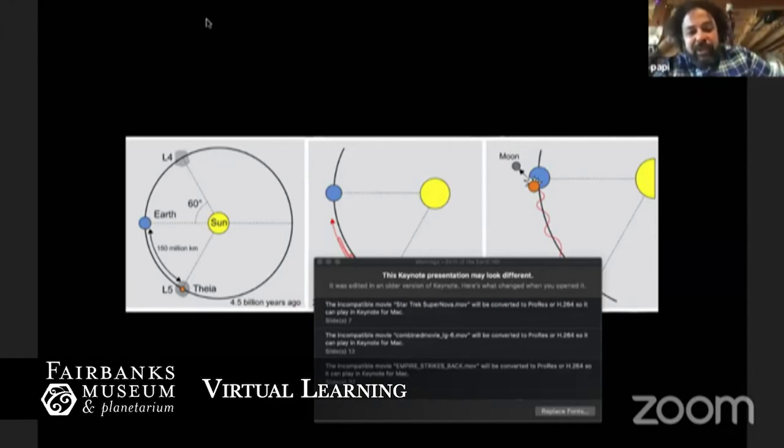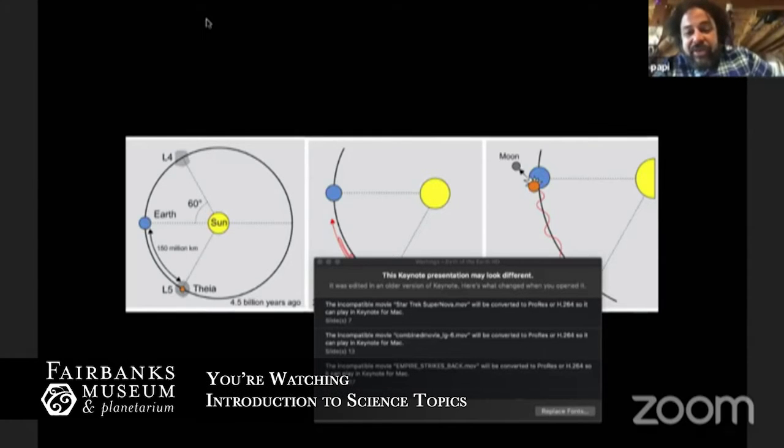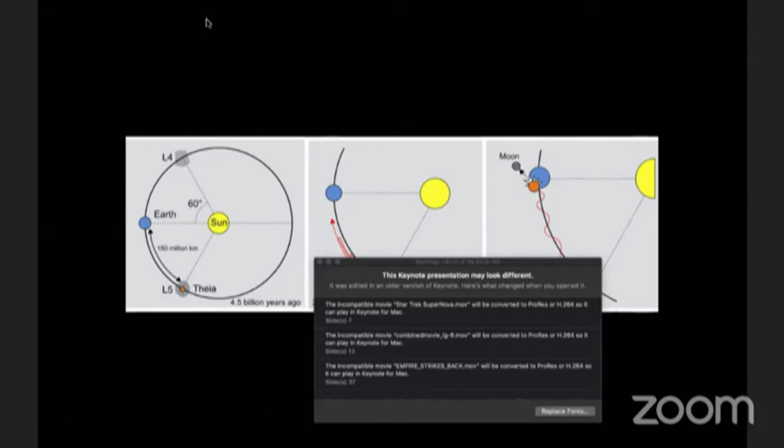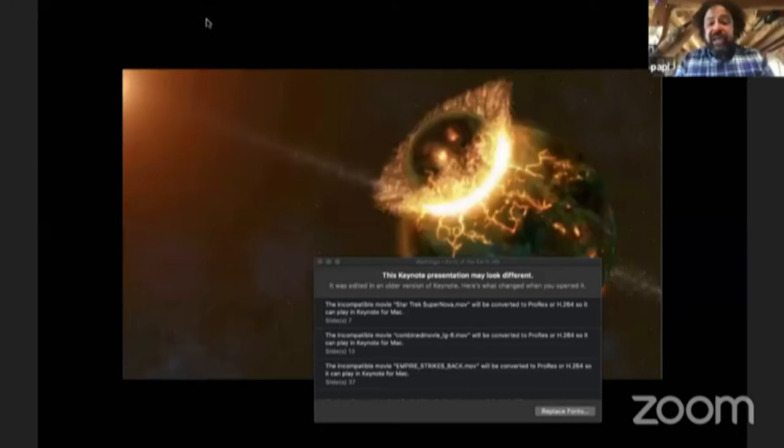But if you look at the middle picture, gravity started to play a little game with Theia, and it started getting a little too close to Earth. And eventually, Earth being larger won the tug of war. But it meant that Theia crashed into the Earth, and all that debris became the moon. And some scientists have shown evidence to say that it might be where the Pacific Ocean is, that material went up.